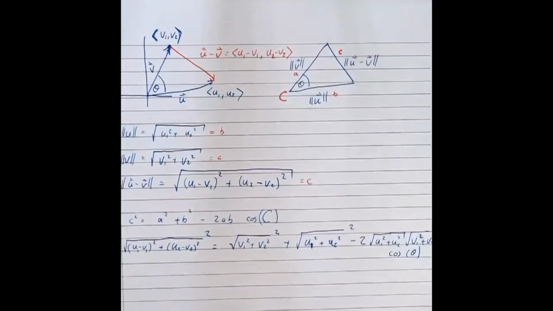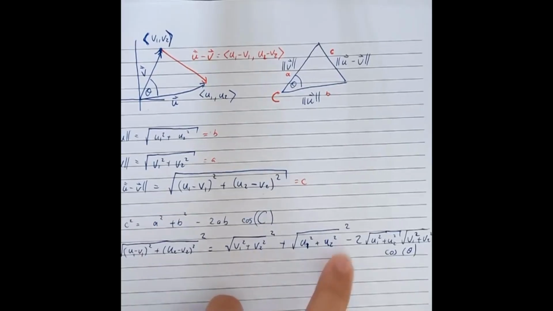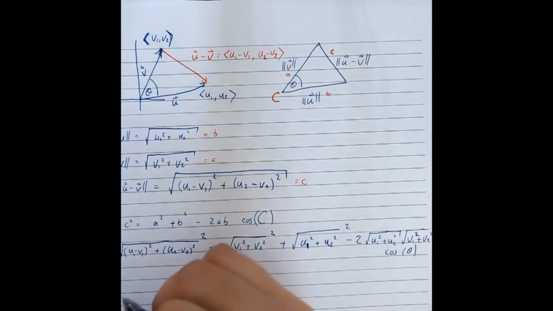Okay. So all we've done is we've used the law of cosines. C squared is equal to a squared plus b squared minus 2ab cosine of C. Notice that the squares get rid of all of those square roots. So here we can write this down quite a lot simpler by writing it without the square roots.